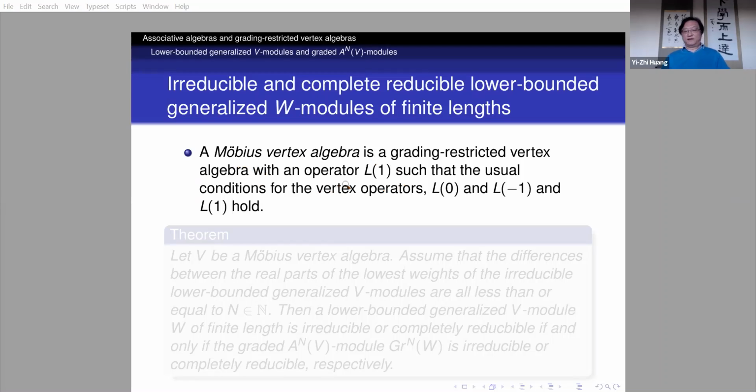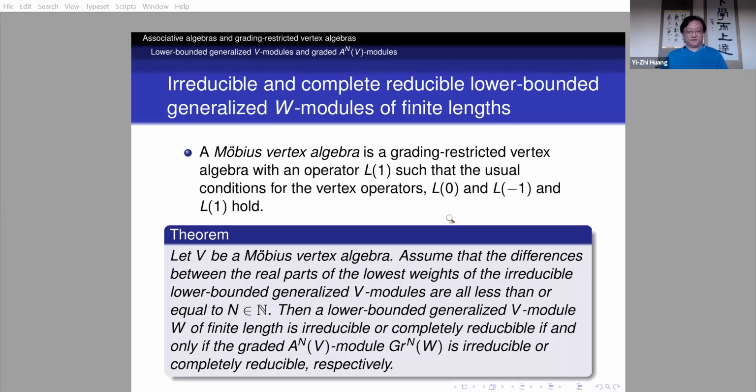So this is a very minor condition. It does not really give you any kind of serious restriction. So the main thing is that V is such a Möbius vertex algebra. But there is an additional assumption.